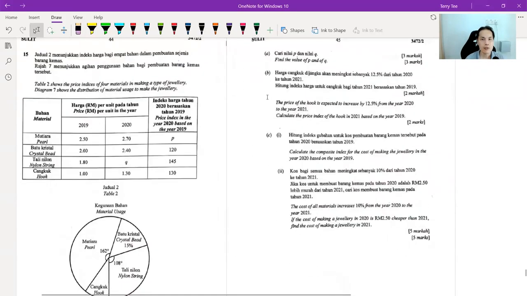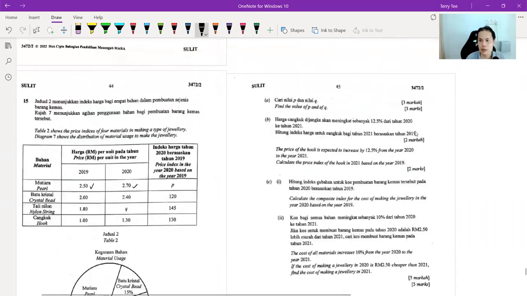Now, we're supposed to find the value of P and Q. P is a price index for the pearl. Now you can see the price in year 2019 is 250, 250 over here. Price in 2020 is 270. So I'm going to do my working over here. All right.